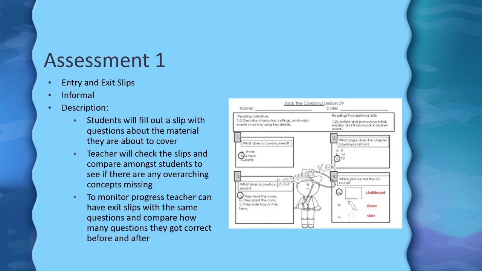To monitor progress with this, we have the entry slip, which the student will do, and then the exit slip. You compare the correct answers between both, and that's how we can see what their score is, and then hopefully the whole class will have more correct answers after it, and that is how progress can be checked. This is also another item that can be put into a portfolio to see how much their comprehension has improved over time.